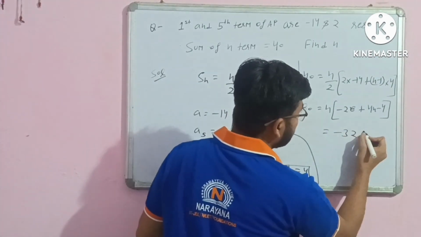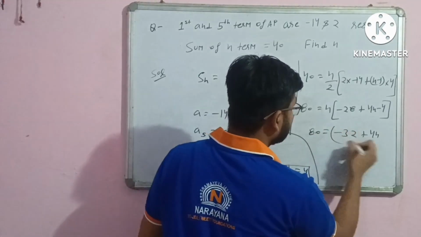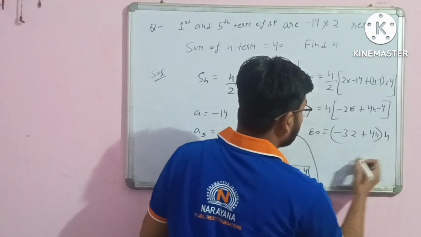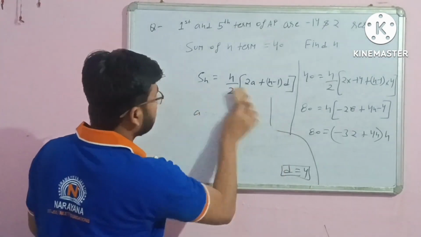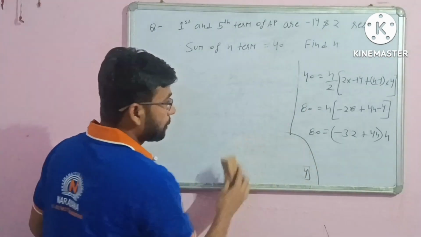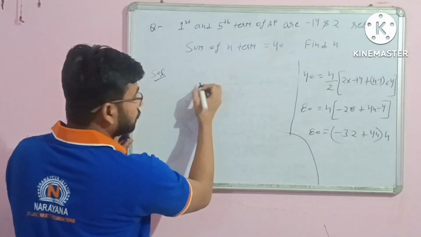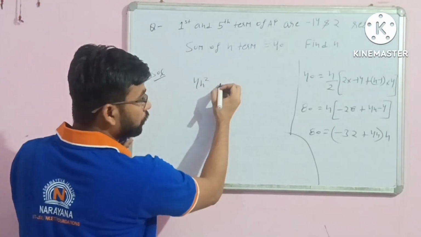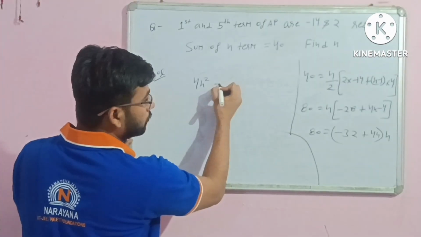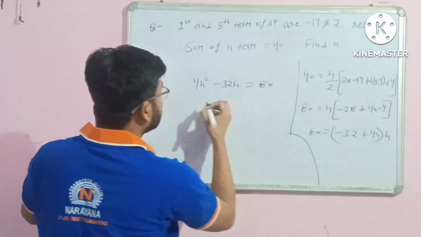Minus 32 plus 4n, and n is common. So 4n square minus 32n becomes equal to 80.